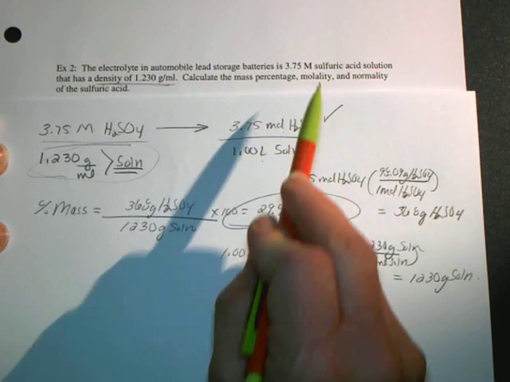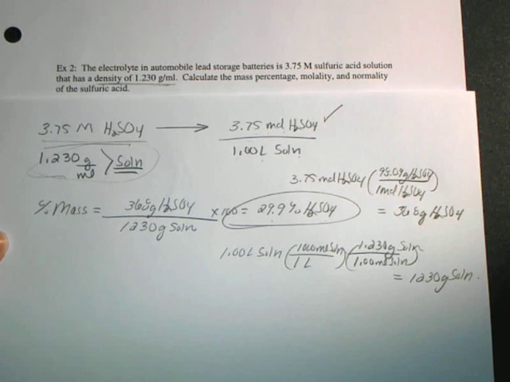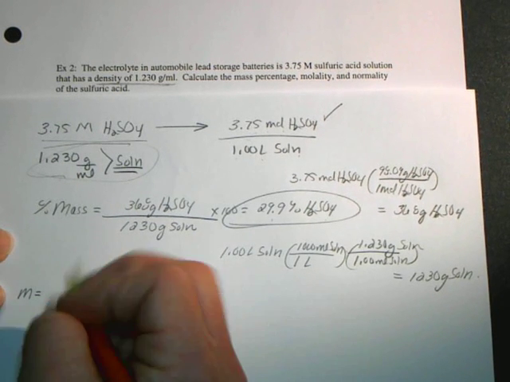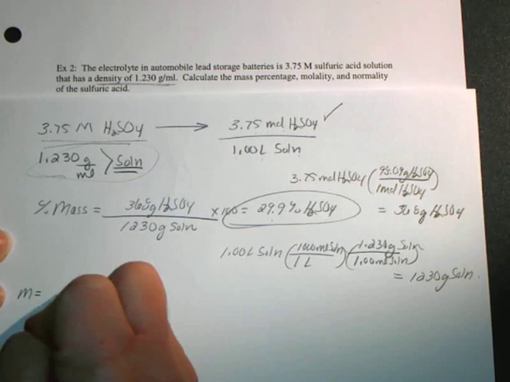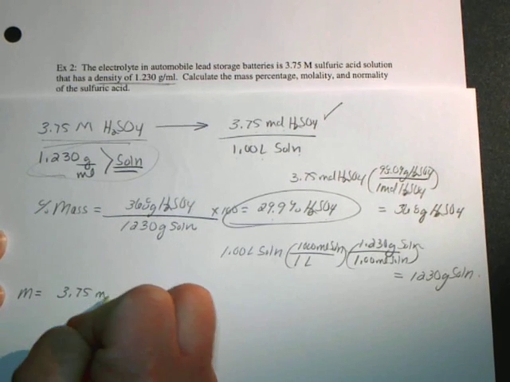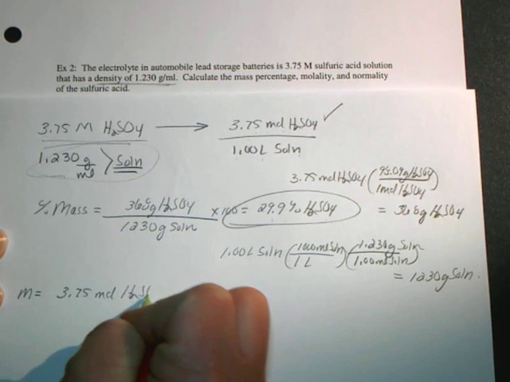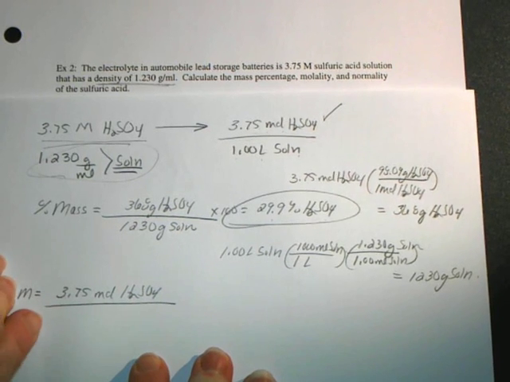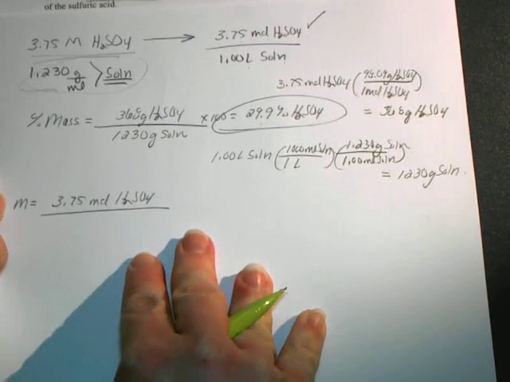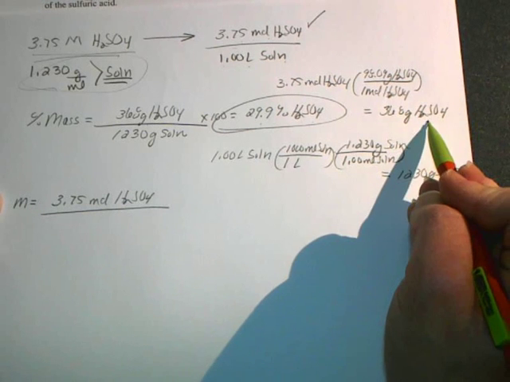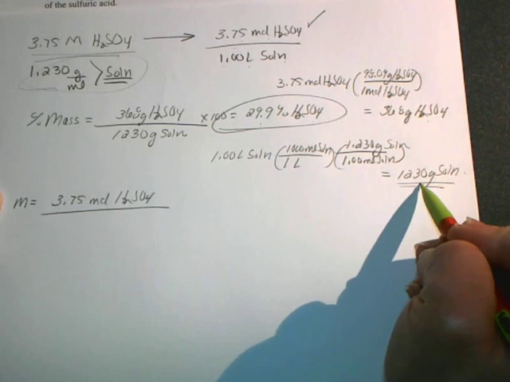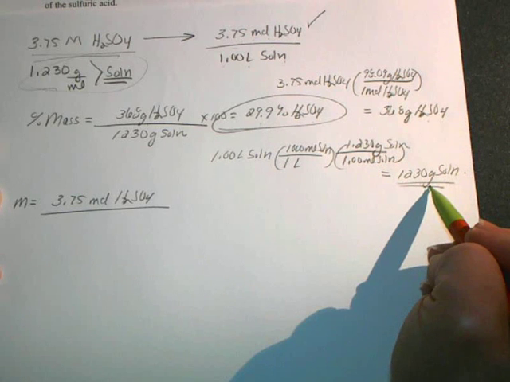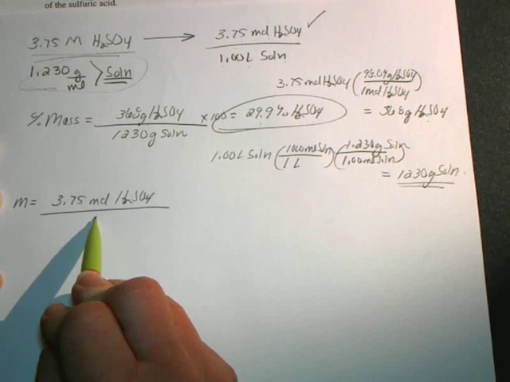All right, the next thing we're asked for is molality, which is the mole of our solute per kilogram of solvent. Well, all that we found is the mass of our solute and the entire mass of the solution. Well, the difference between these will be the mass of the solvent, and that's what I need there.